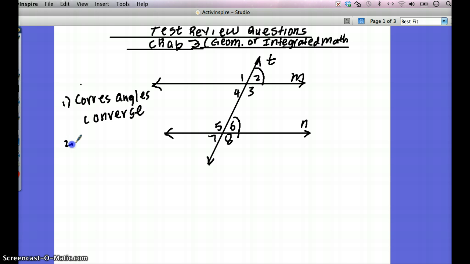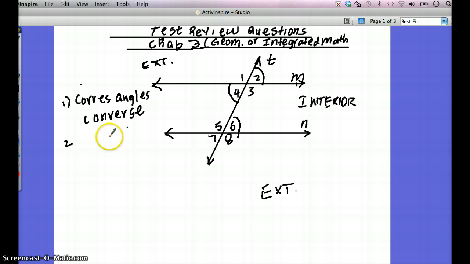Another one says that if two lines are cut by a transversal such that alternate interior angles, those would be angles 4 and 6, and they're interior because this region between the lines M and N is the interior region right in here. The exterior would be on the outside here, or over here.